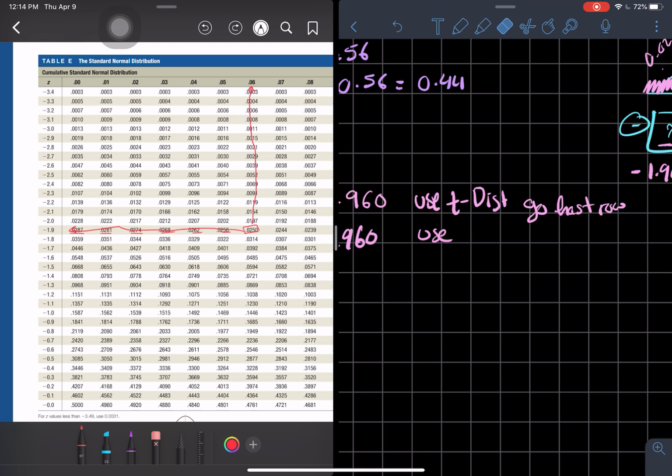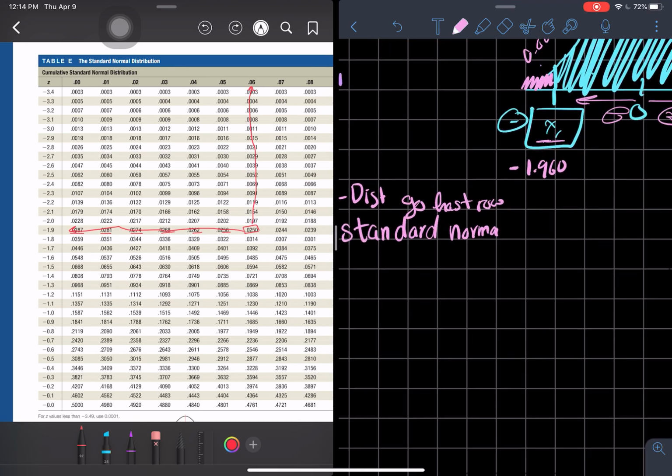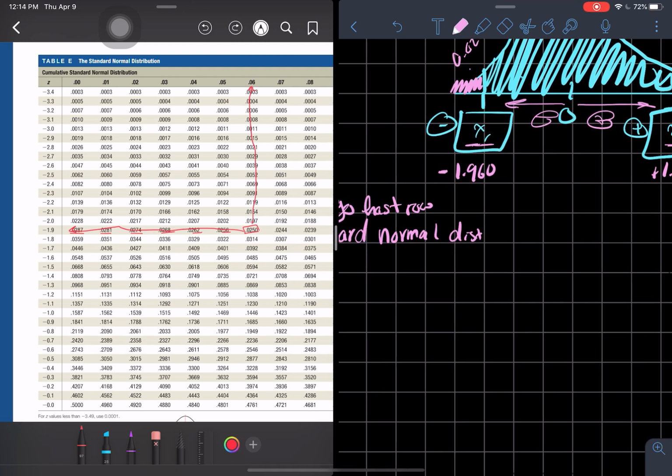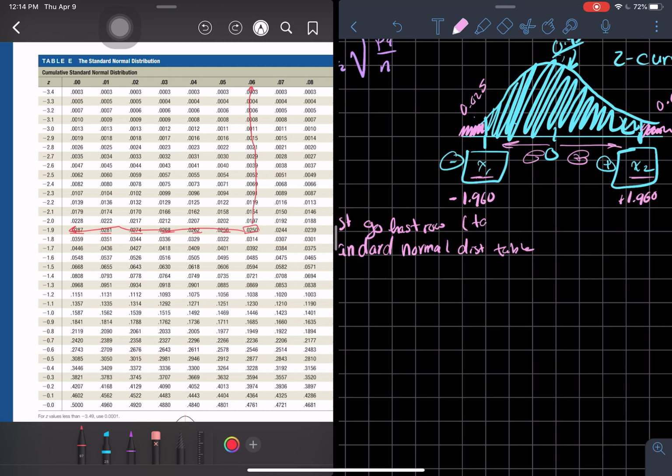So now it's: use the standard normal distribution table. This is actually table F in the book.